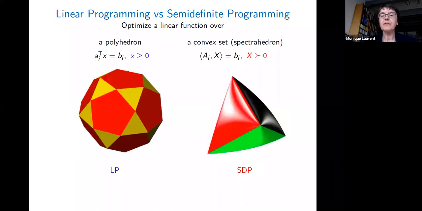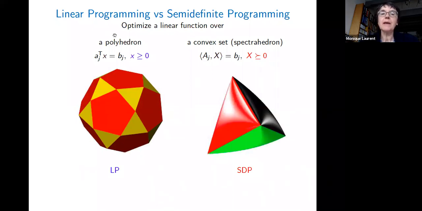So a very brief recap on semi-definite programming, which I put in comparison to linear programming, which is probably the most well-known. In both settings, what we want to do is to optimize a linear objective function.